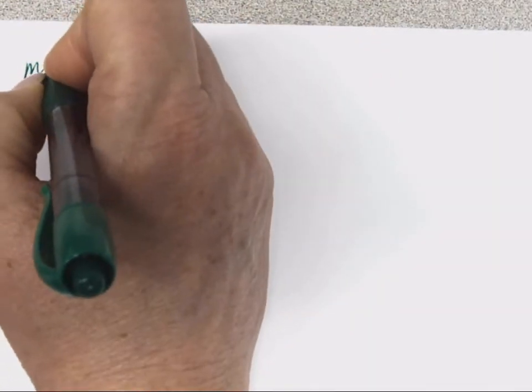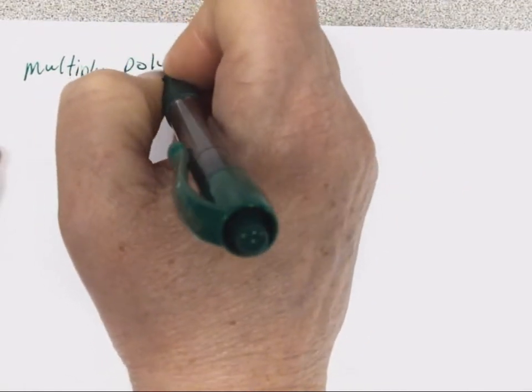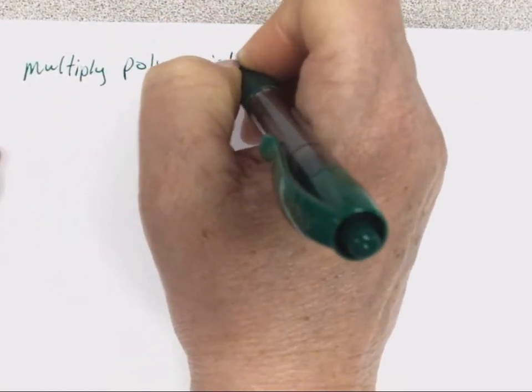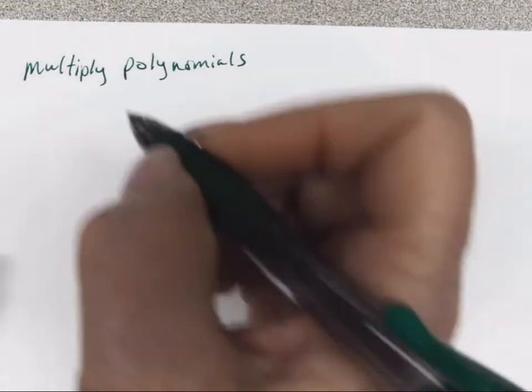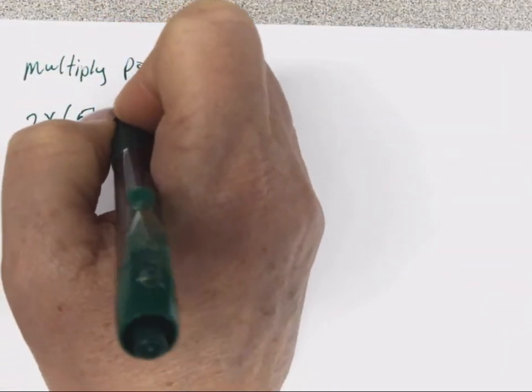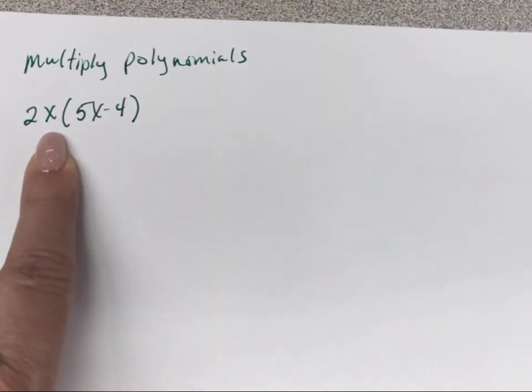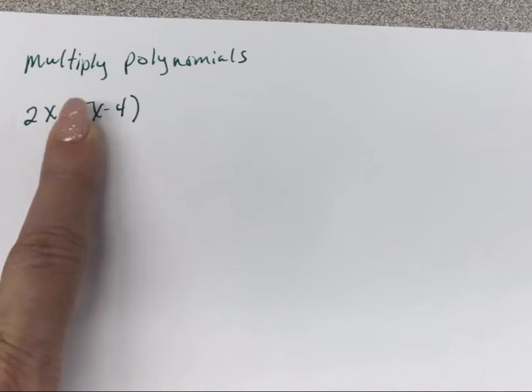So we are going to multiply polynomials. If we have 2x times 5x minus 4, we want to multiply the term on the outside times both.